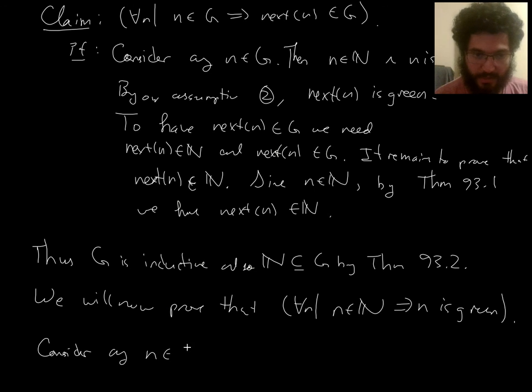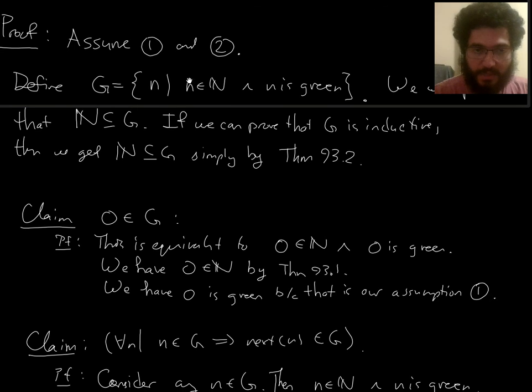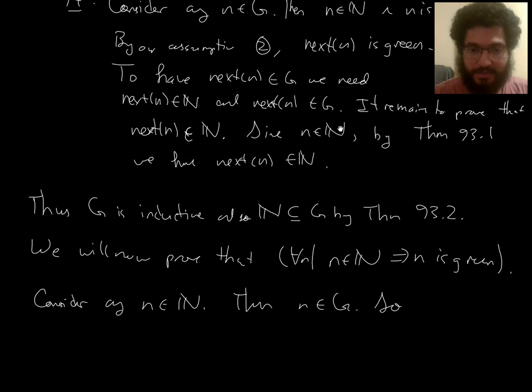So consider any natural number n, then n is in G, so unpacking what it means to be in G, n is a natural number and n is green.